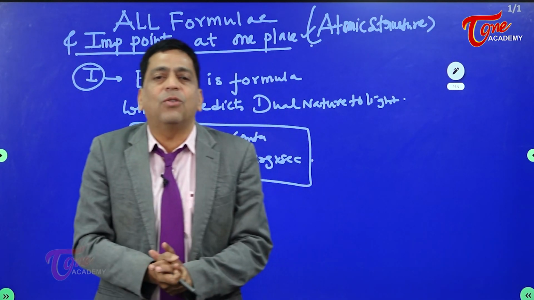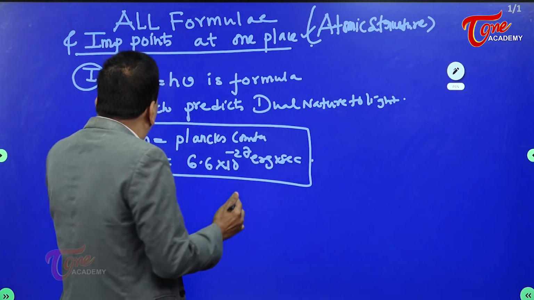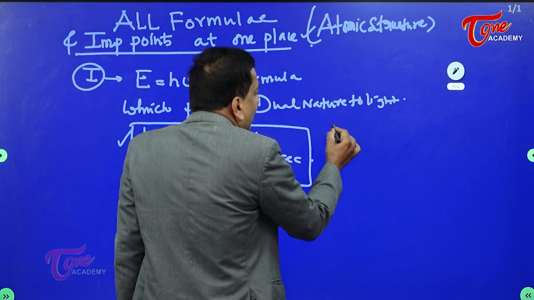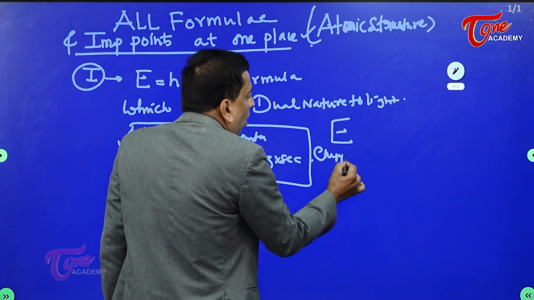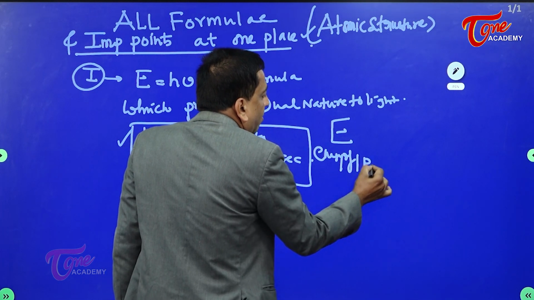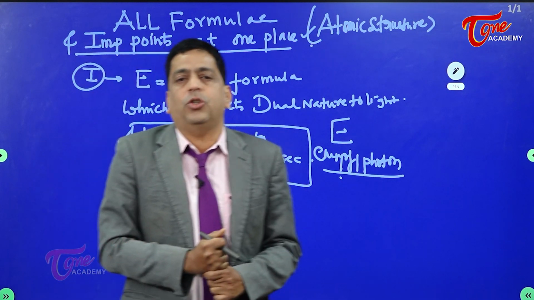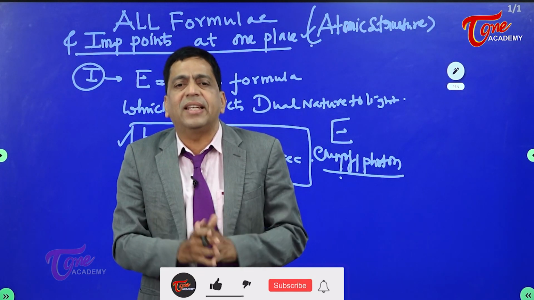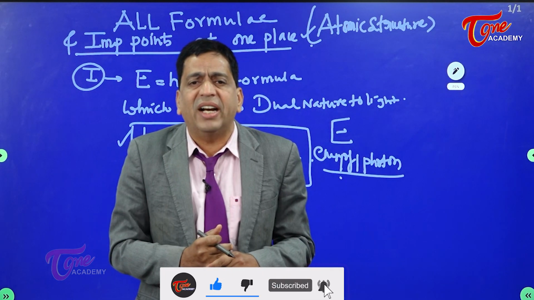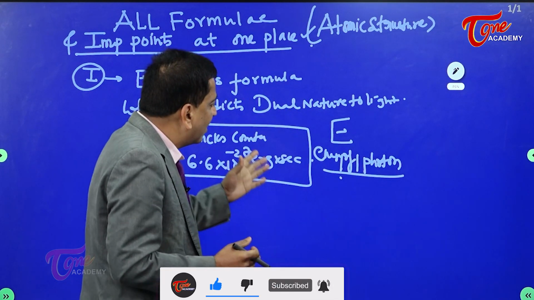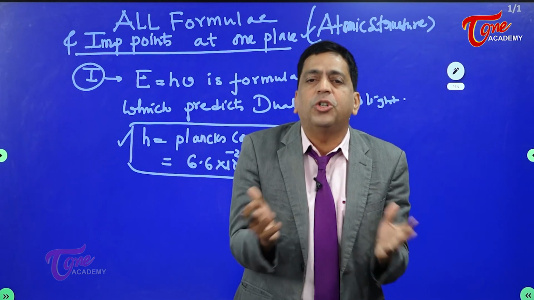Now, what is this E is equal to h nu? What type of questions are you supposed to encounter in the exam? This E is equal to h nu is the energy of one photon. Remember this. Suppose in the exam he gives you total energy to be 100 ergs, and asks how many photons are there in that given quantity of energy.